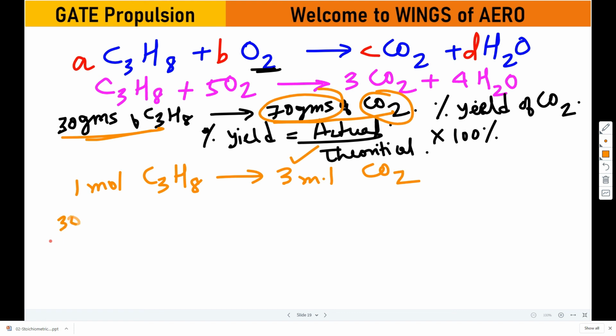That is 30 divided by 44. Ma'am, it is C3H8. 0.6818. 0.682, ma'am. Okay, you are getting 44 here, right? Yes, ma'am. This much amount of mole of C3H8 will give 2.04.